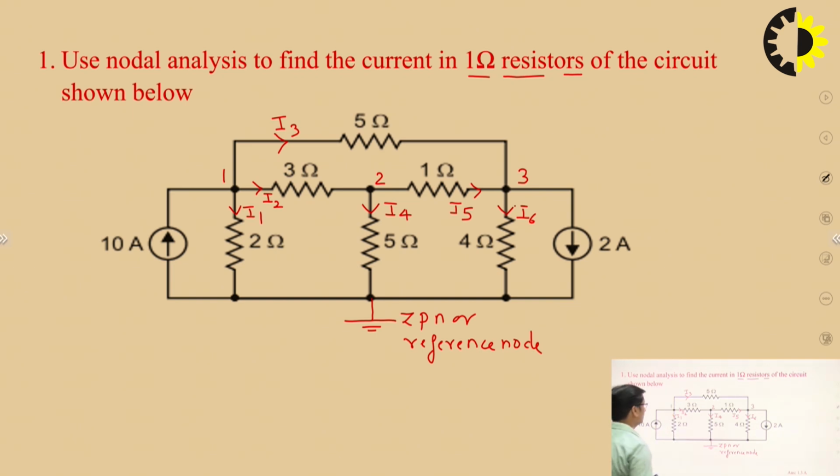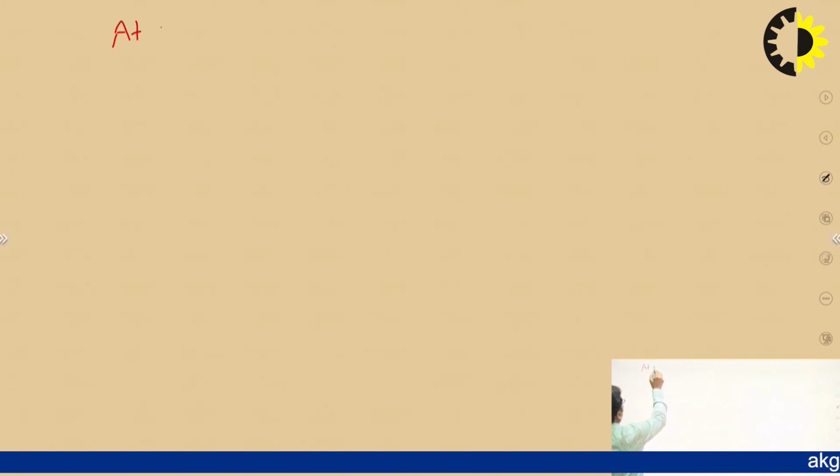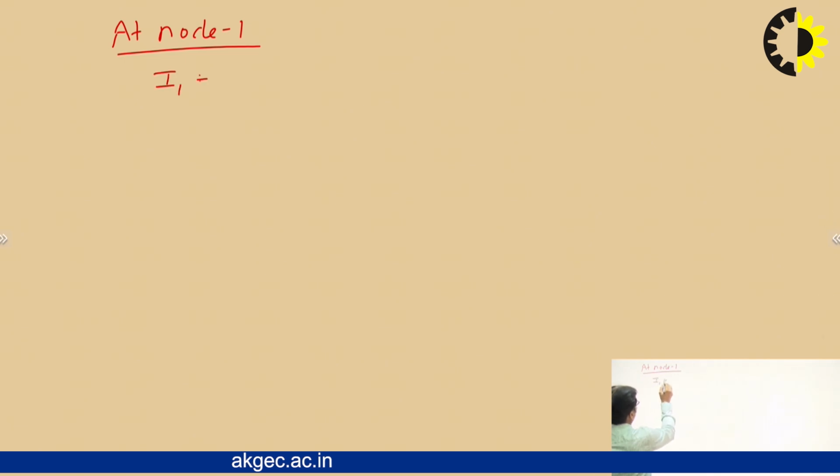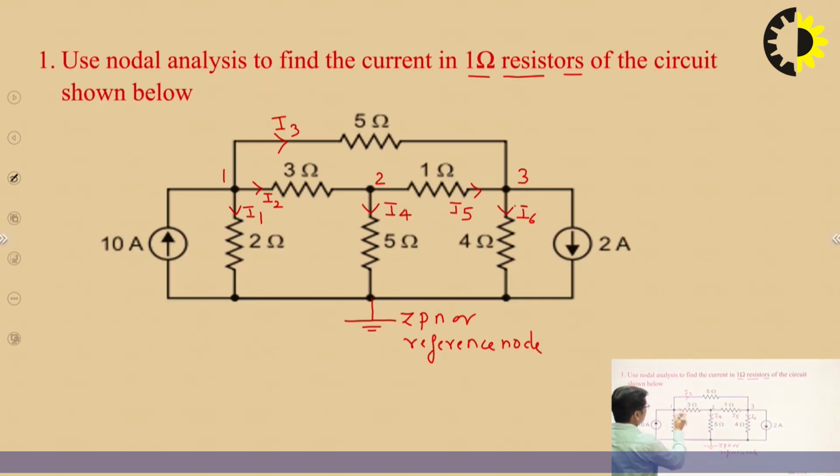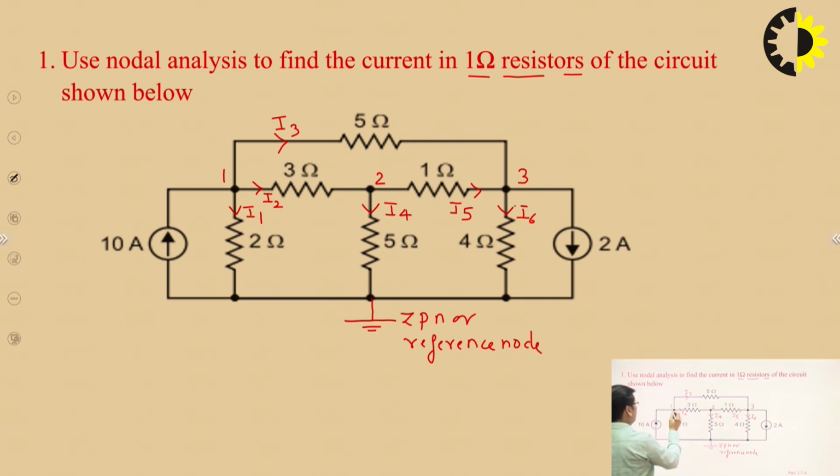So I1 plus I2 plus I3 will be equal to the current which is coming to this node.